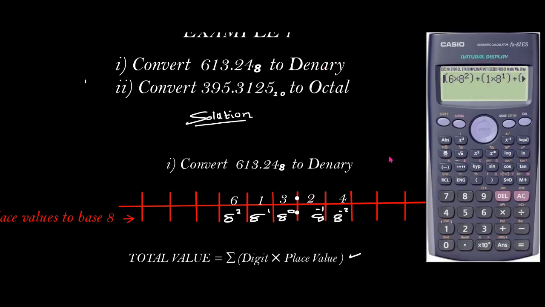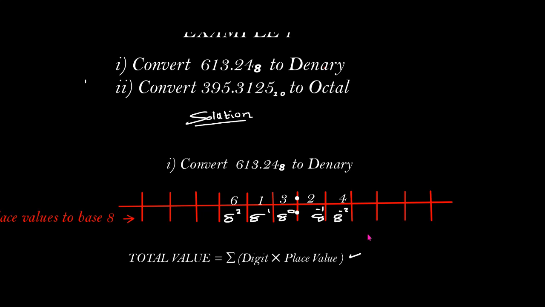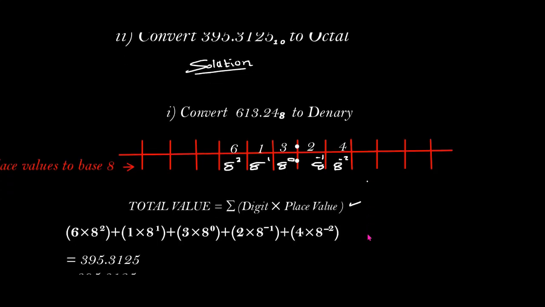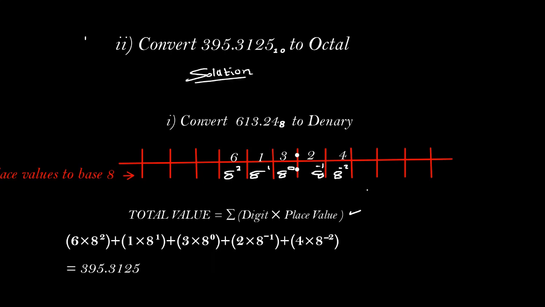After that, on the decimal side, we have raised to -1, raised to -2. On the whole part, we have 0, 1, 2. In that order, you know how to put the place value of any number system. So the total value of that number system will be the place values times the digits itself. If you sum up all that, you'll get 395.3125.